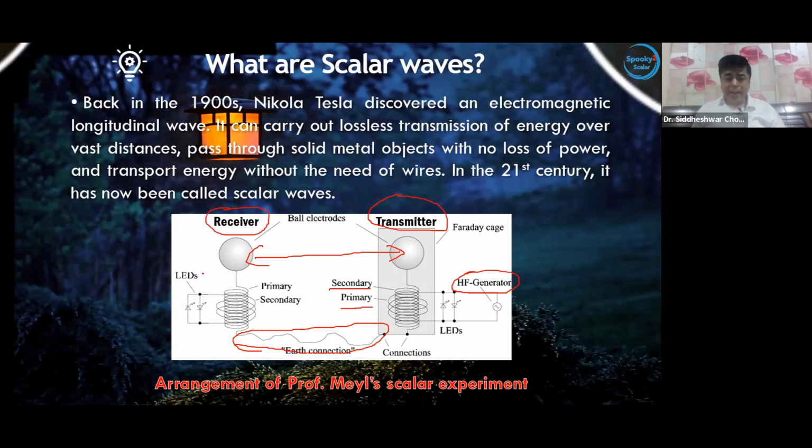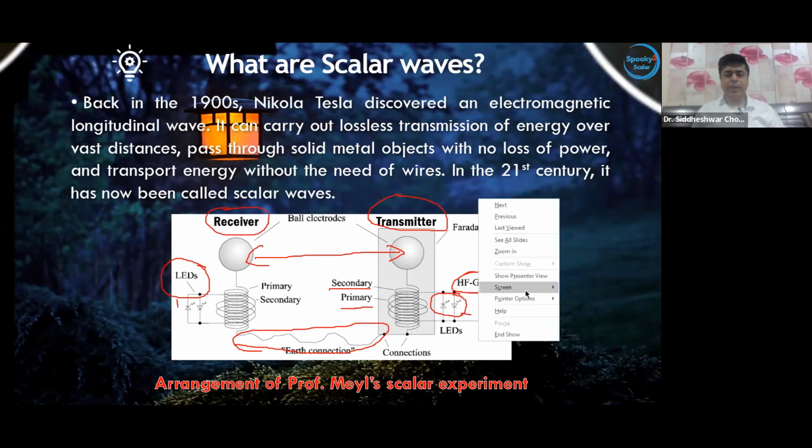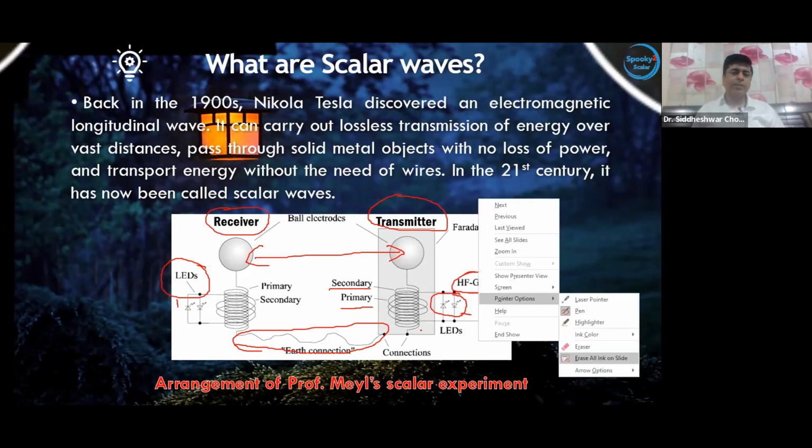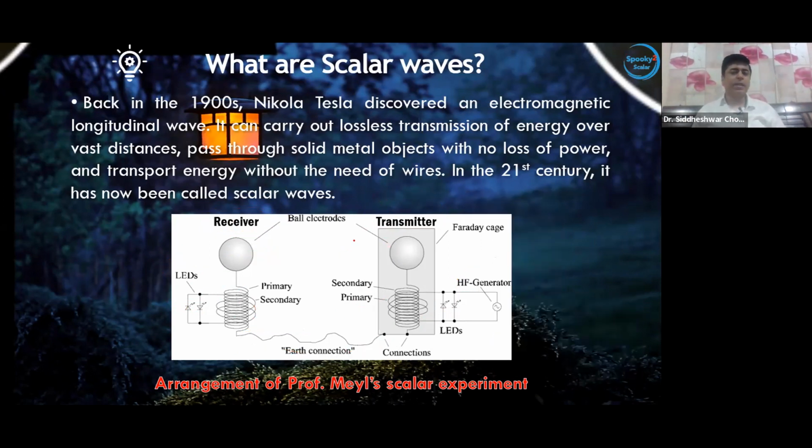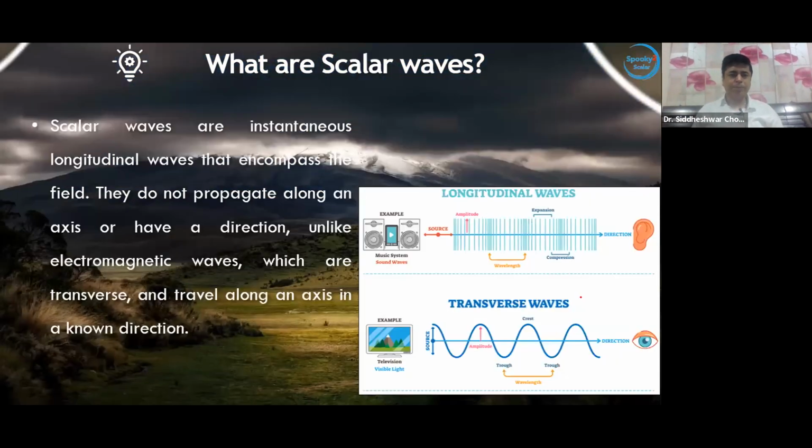On the receiver side you don't have a high frequency generator; you have just the LEDs, which are also available on the transmitter side. It is such a simple setup, but it does beautiful work on our health. It's very powerful.